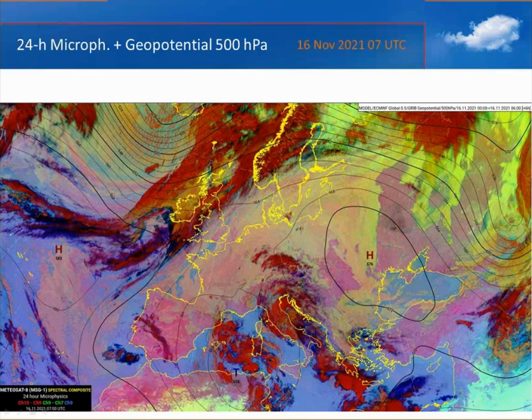And the red color is dense high ice clouds. And then we have also some cirrus clouds or very high clouds, which is a very dark color, either dark blue or going into black if it's very dense.